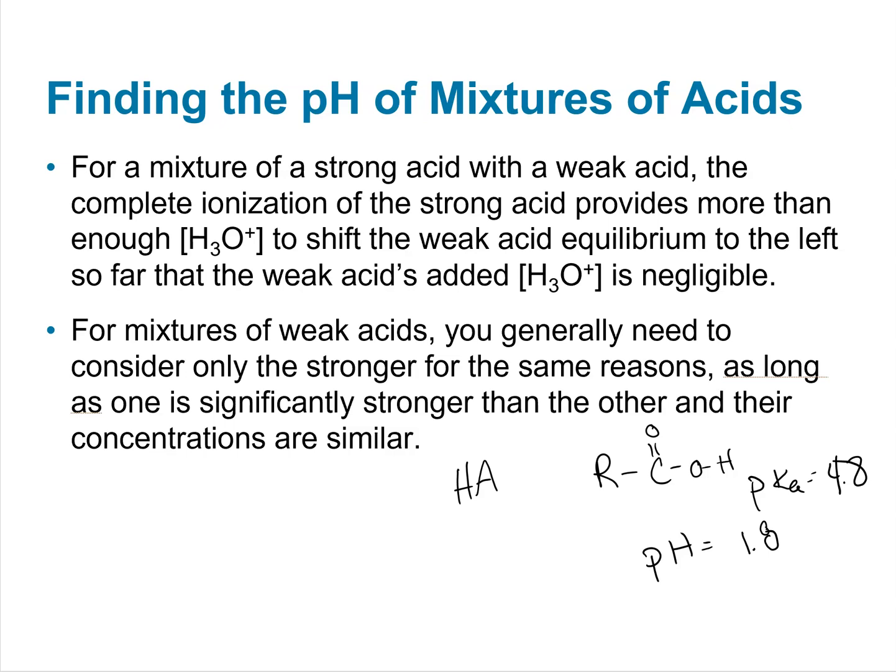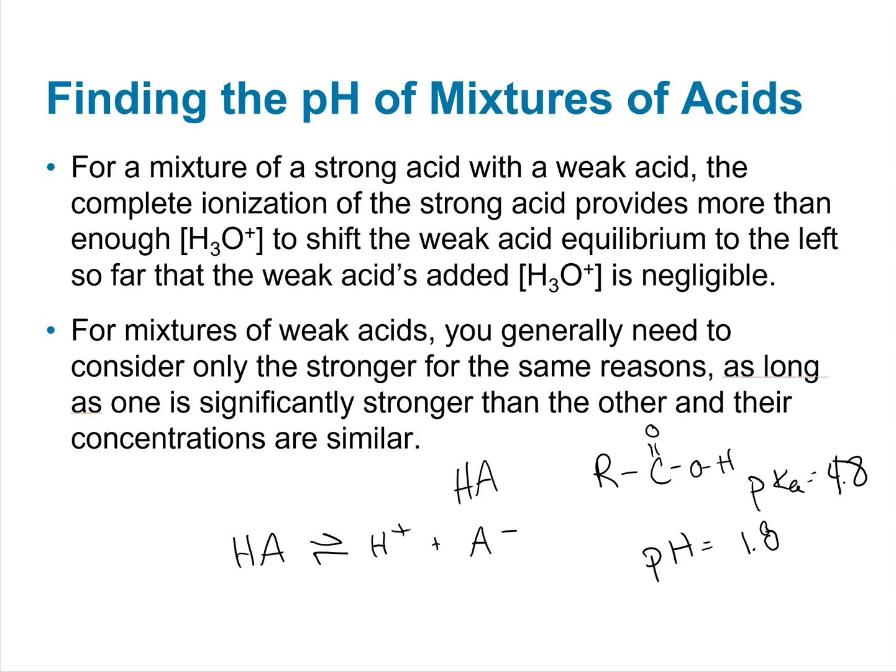Now, here's the really interesting thing about this. For this generic equation, where HA is in equilibrium with the free proton form and its conjugate base, it only will behave as an acid, meaning giving up its proton, when it's in an environment that's conducive to that.